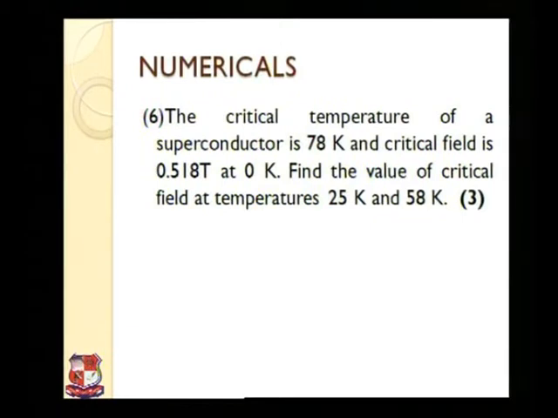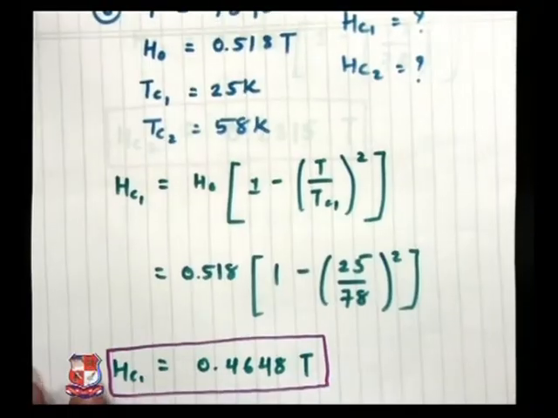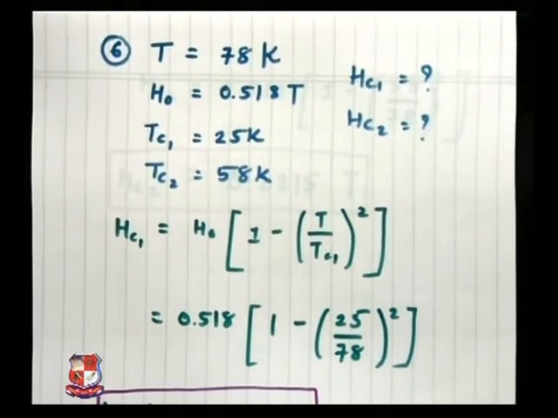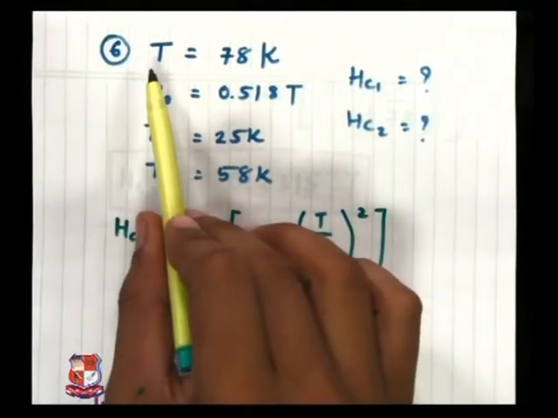So you will get the values of two different critical fields from this. This question in your paper was asked for 3 marks, and it can also be asked for 3 to 4 marks. Let us calculate the same. Let us go towards the solution of this numerical. Here T represents the temperature.